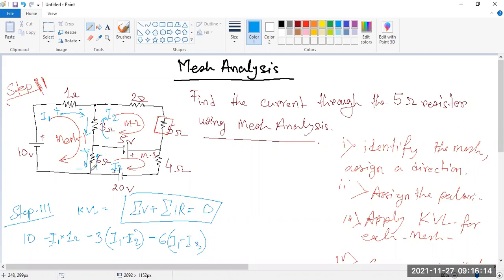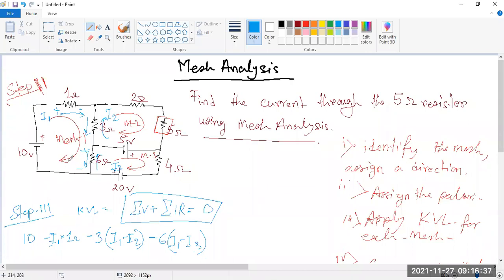So I1 must be greater, and our polarity also, this is positive, this is negative, so this is a negative sign. Don't get confused over here. If you say, sir, this is the 20 volt, this is the 10 volt, so I3 must be greater than I1, yes, it may be, but till now we don't know.